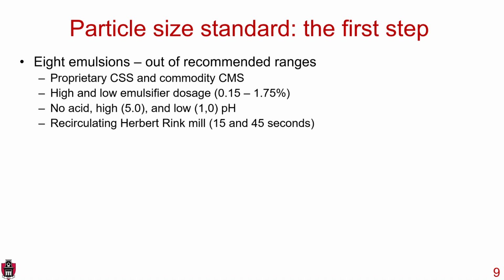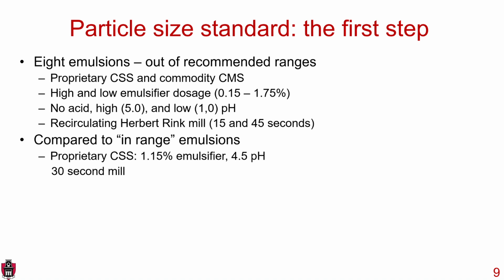He put no acid in, or he put a high level of acid in, giving a pH of 1.0 at the low end and 5.0 at the high end. These are high and low relative to cationic pHs. And he used a recirculating Herbert Rank mill at 15 seconds of recirculation and 45 seconds of recirculation. So these were the 8 emulsions that he made outside of the recommended range.